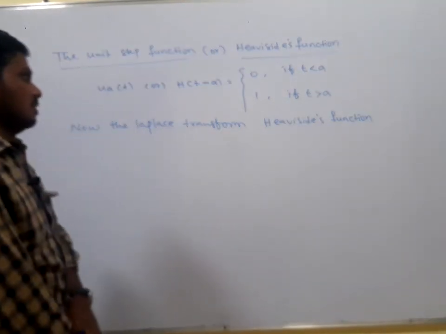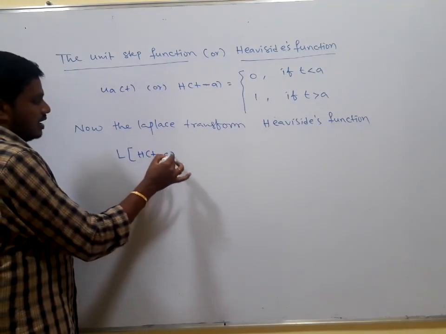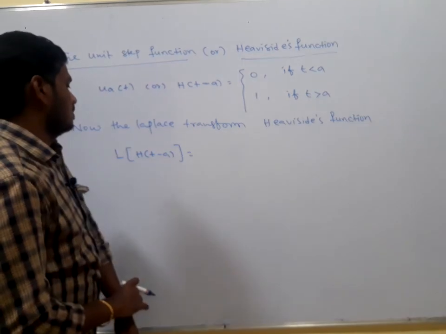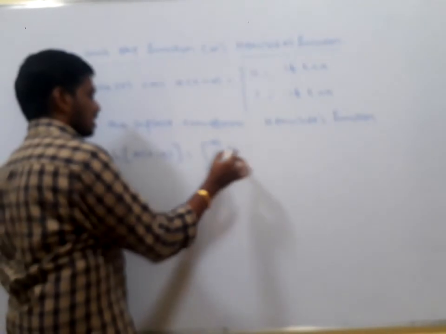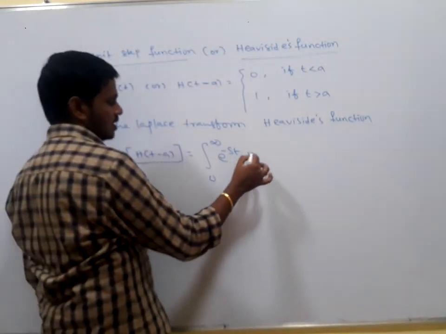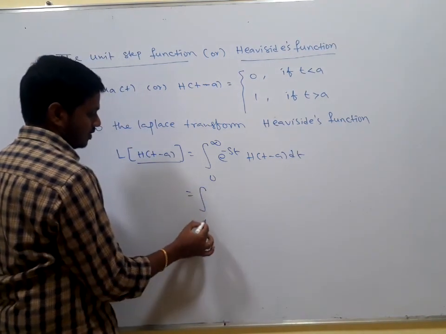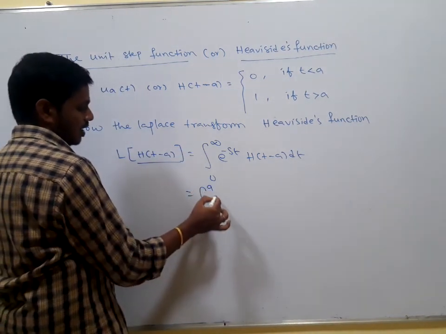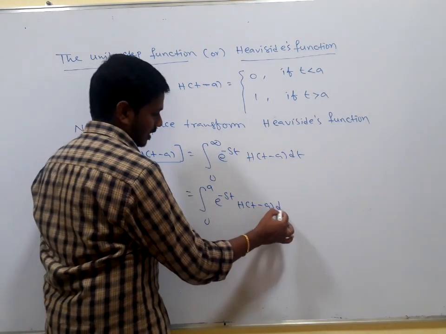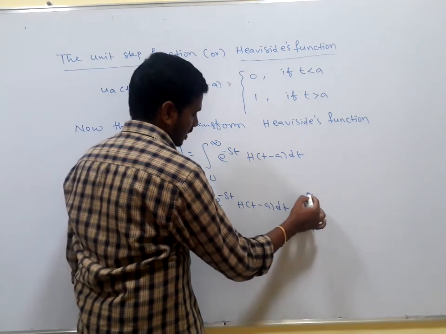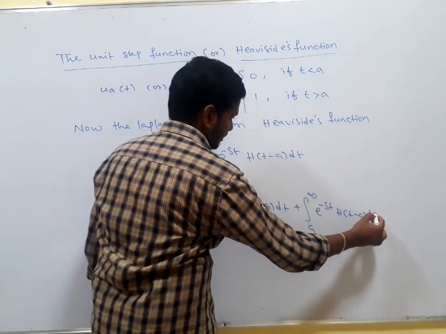is, that is L of h of t minus a is equal to, you know that from the definition, integral 0 to infinity e to the power of minus st, in place of f of t, what we have, h of t minus a dt here, which is integral 0 to a e to the power of minus st h of t minus a dt plus integral a to infinity e to the power of minus st h of t minus a dt, right?